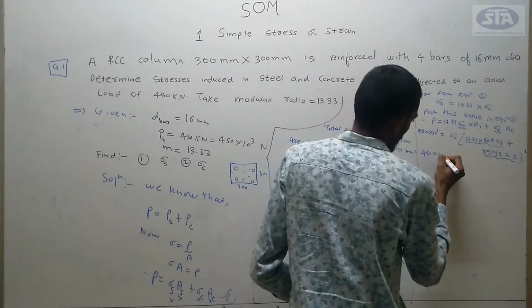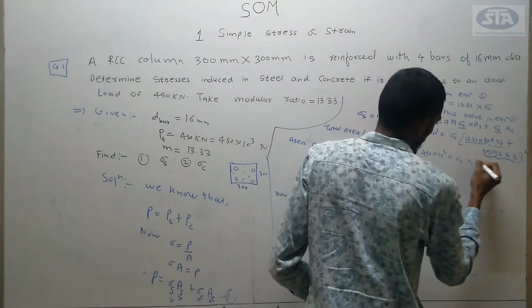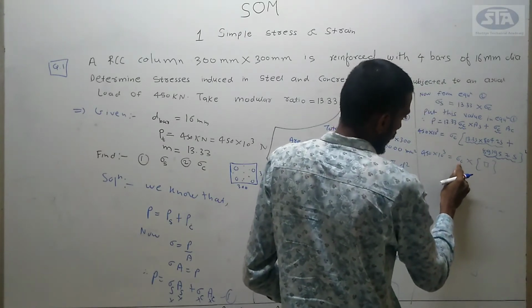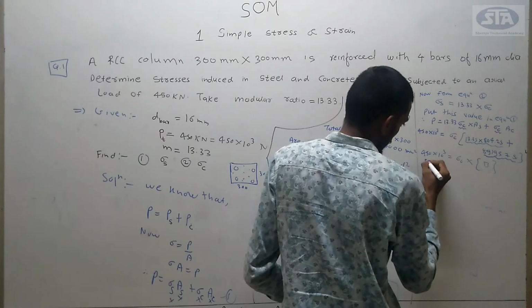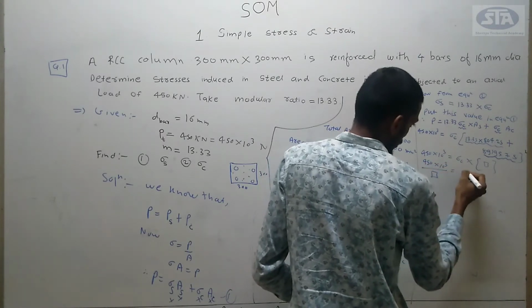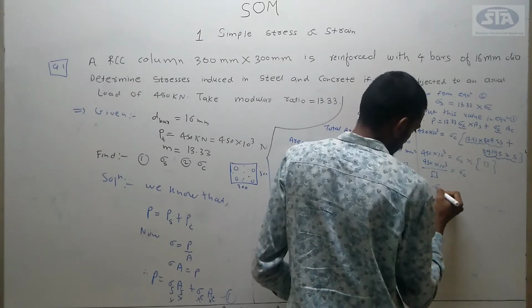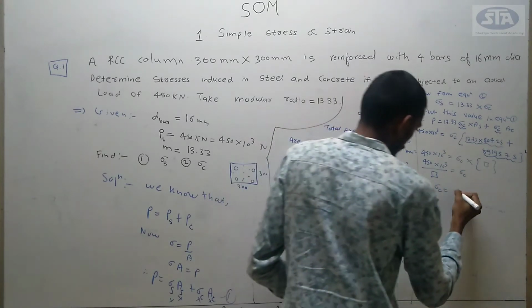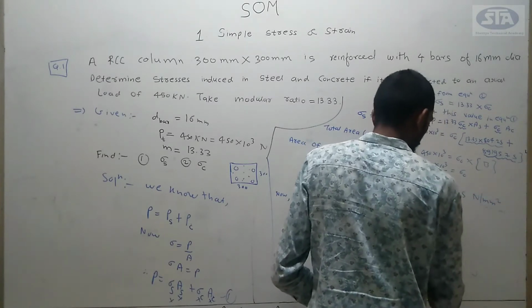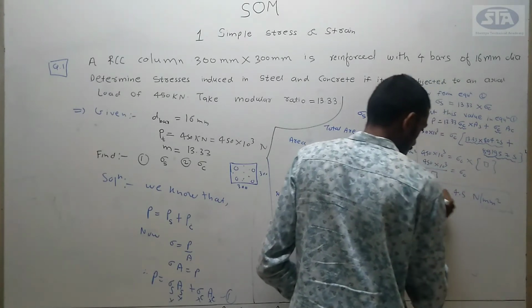So 450 into 10 raised to 3 is equal to sigma C multiplied by that answer. Then 450 into 10 raised to 3 divided by this term gives sigma C, which is equal to 4.5 Newton per mm square. You will get the stress in concrete.